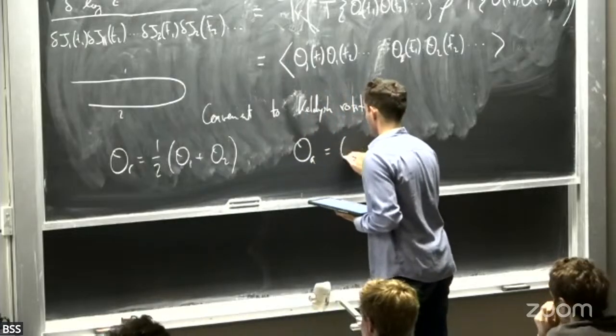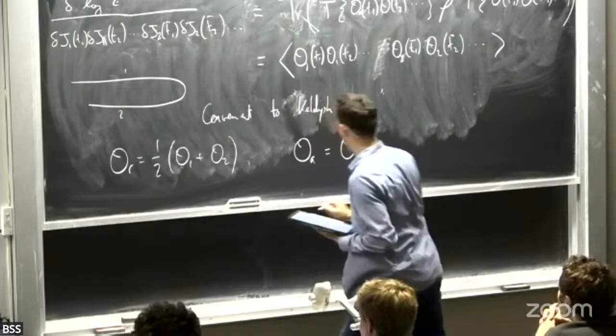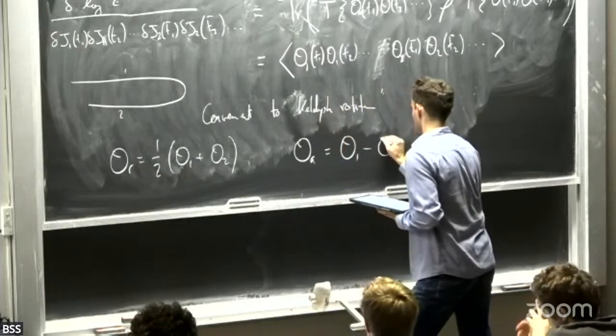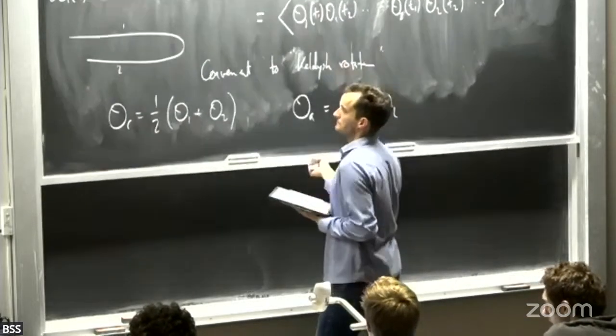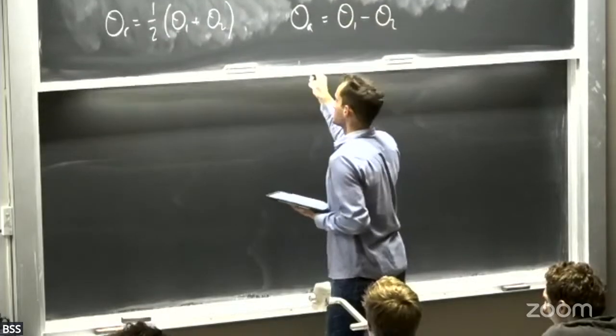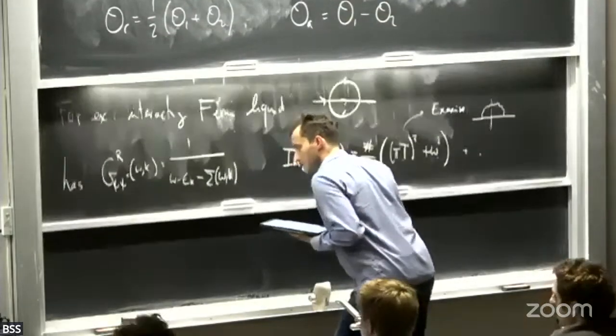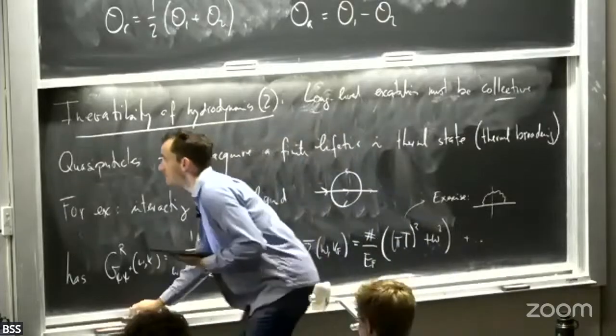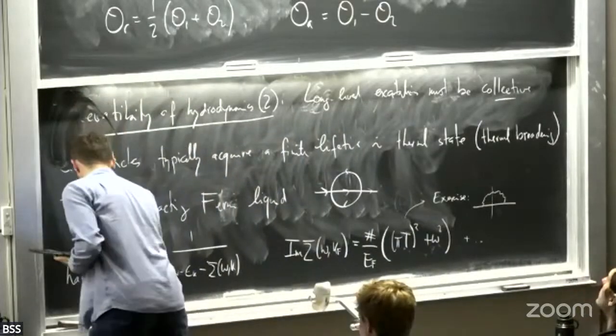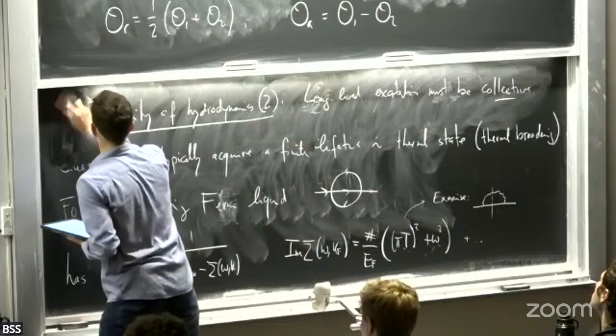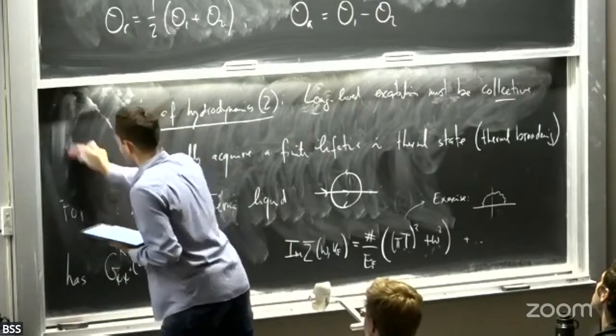I'll give these subscripts R and A for obscure reasons. And this basis is pretty nice because it has the nice property that in any correlation function that has an A operator at the latest time, any such correlation function vanishes.